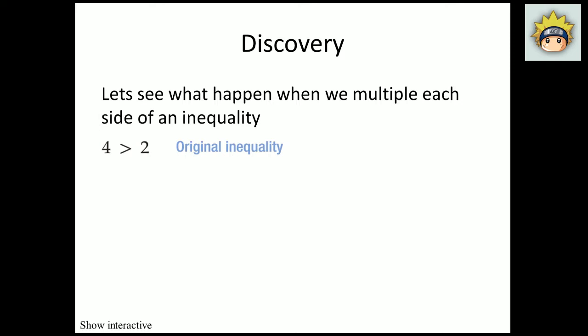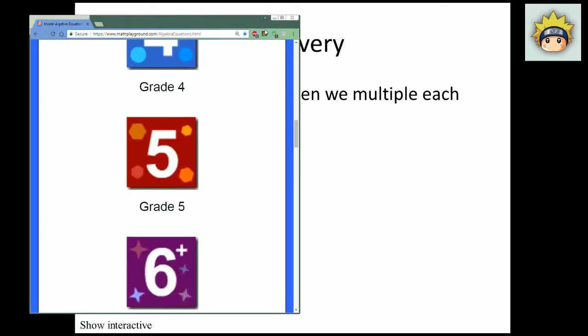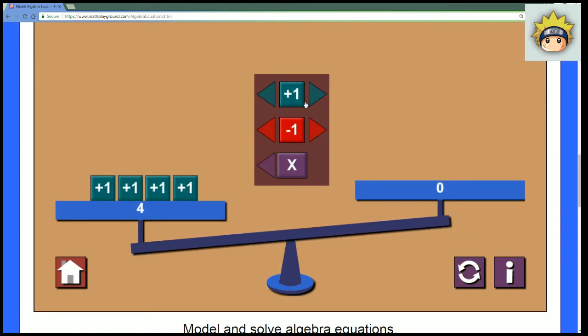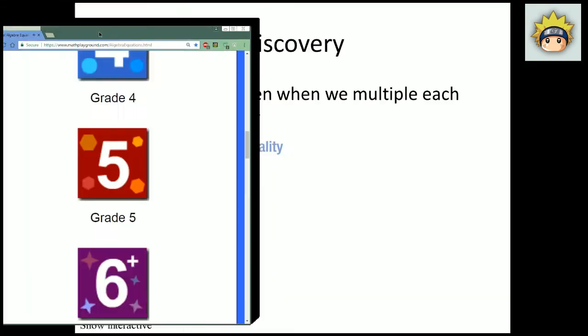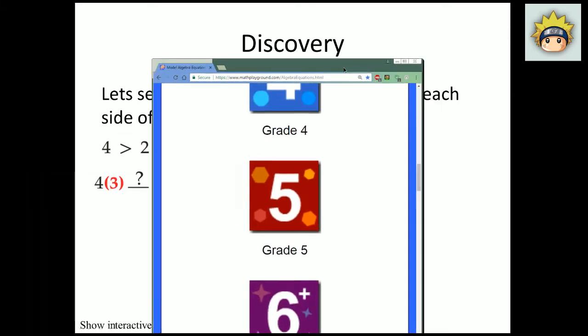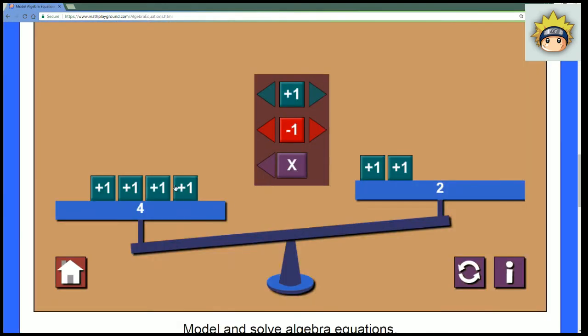So you start off with 4 is greater than 2. I will multiply each side by 3.